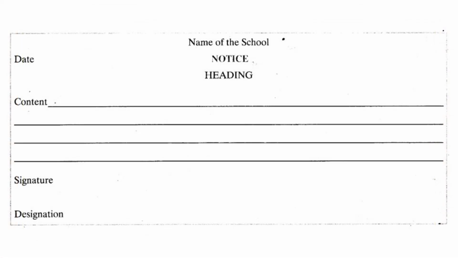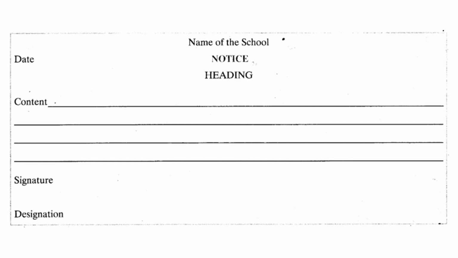So let's see the format of a notice writing. First of all, you need to make a box and then write the name of the organization at the top. It should be followed by the notice, and the word notice should be written in capital letters.